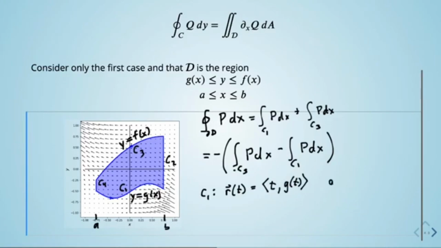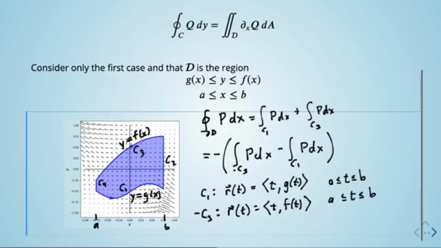And t is going from a to b. So t is playing the role of x, of course, here. And I'll do the same trick for what I'll call minus C3. And going left to right there, it looks almost the same. r of t equals t, f of t. There. And again, t goes from a to b.